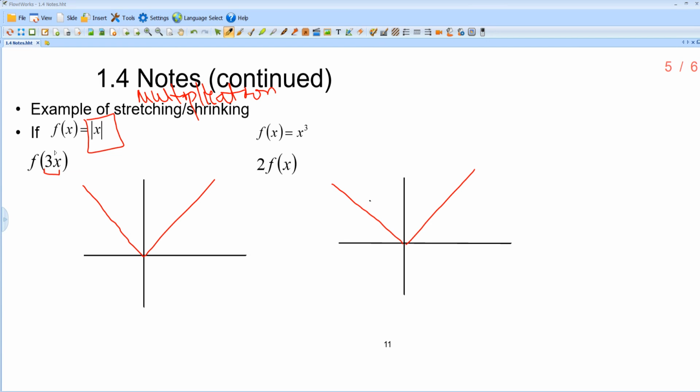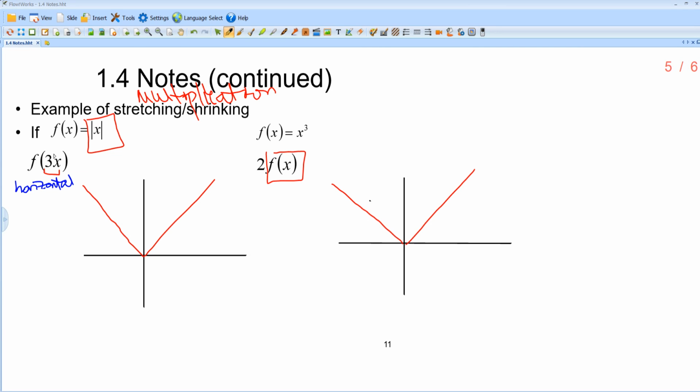Because it's being multiplied just to x, as opposed to the whole function, that tells me that it's going to be something that's horizontal. Just like before with addition, you have to be thinking like horizontal things, they're not what you think. They're counterintuitive with this topic.